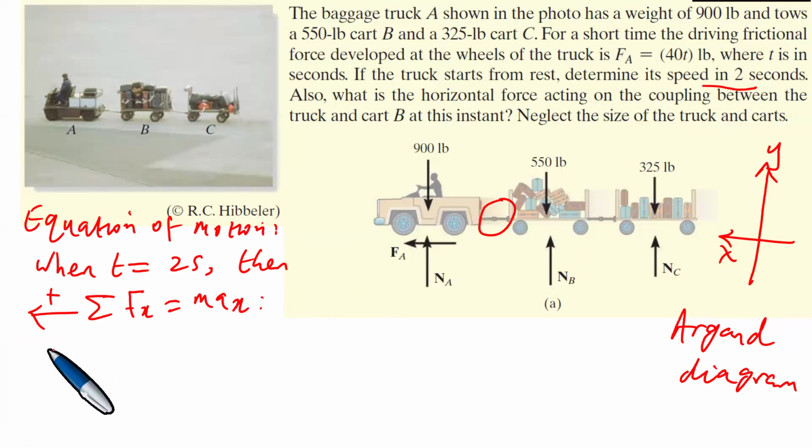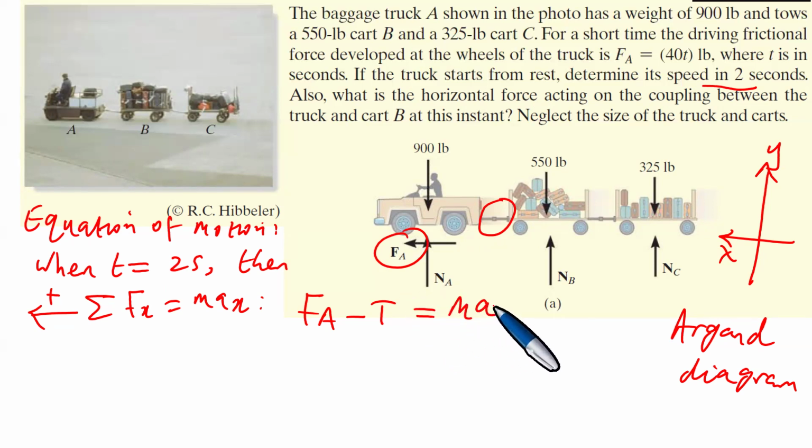So in principle, the forces in the horizontal are going to be Fa minus the tension, and this is the same as max. Our Fa is 40t, which means therefore you have 40 times t, which is 2 seconds, minus the tension.